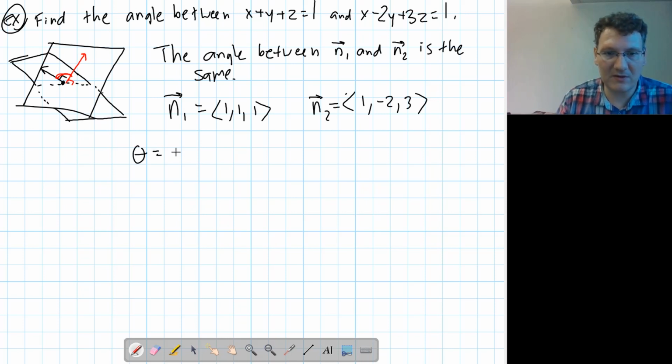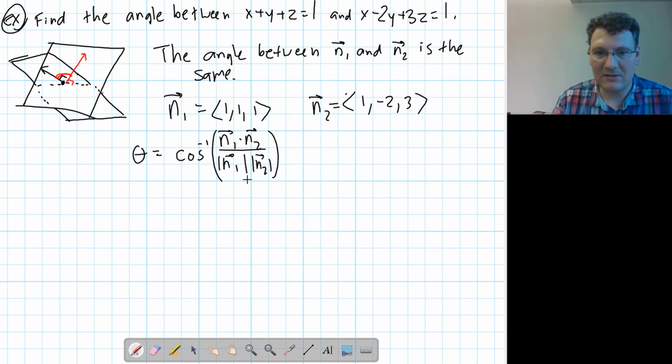The angle between two vectors is the cosine inverse of n1 dot n2 divided by the product of their two magnitudes. All right? And so we just have to evaluate that. What is n1 dot n2? Well, that is going to be 1 times 1 plus 1 times negative 2, plus 1 times 3.